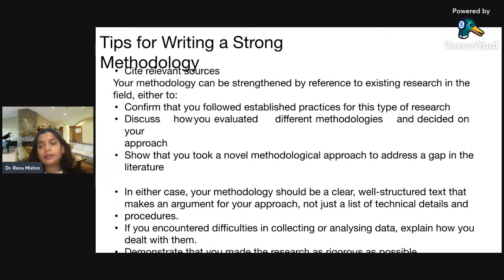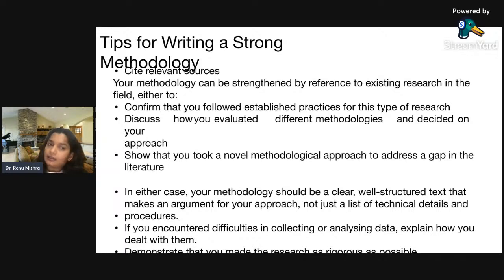You should be very clear that you have adopted the quantitative way, which is addressing a gap in your research literature.